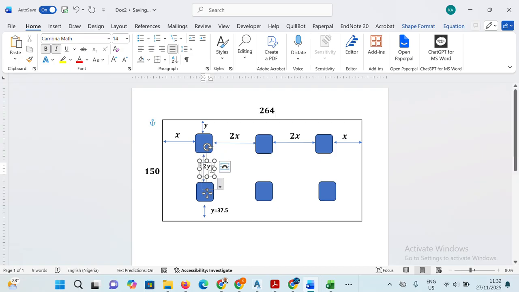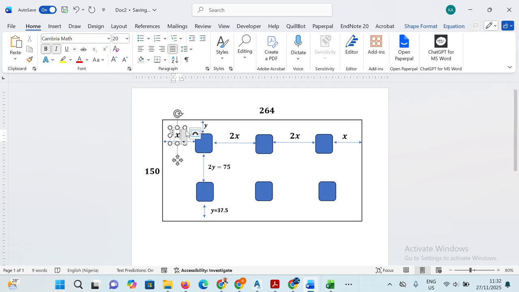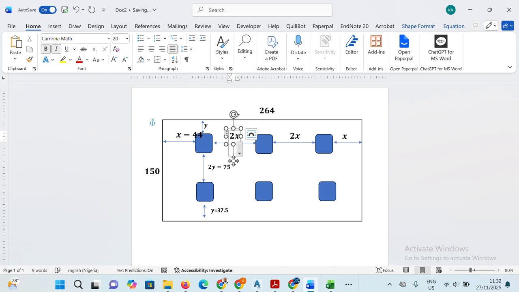The same thing will be done for the horizontal distances. For x, the total length is 264, divided by 6, that's 44 inches. So x will be 44 inches, and 2x will be 88 inches.